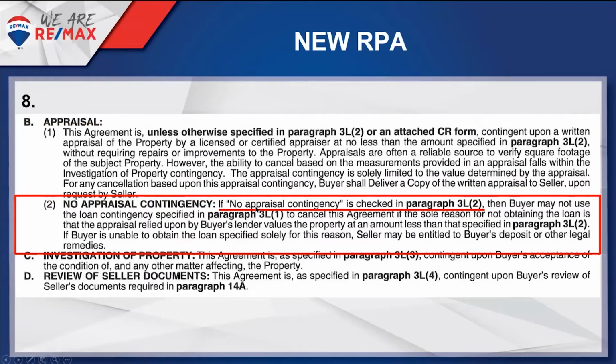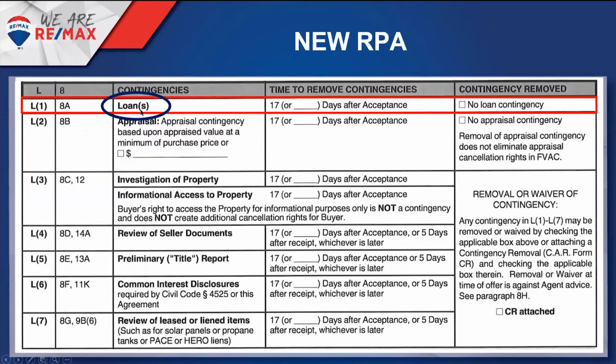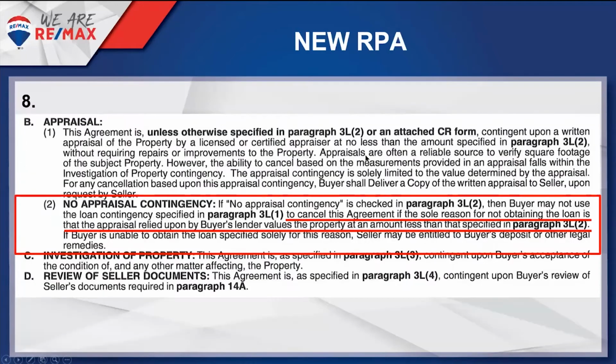All right. If no appraisal contingency is checked in 3L, again, right up there, the buyer may not use the loan contingency specified in 3L to cancel the agreement. So the buyer might still have the loan contingency, but if they remove their appraisal contingency, they cannot use it in that situation.